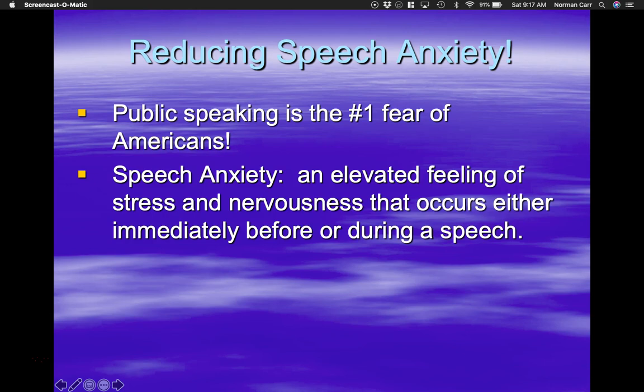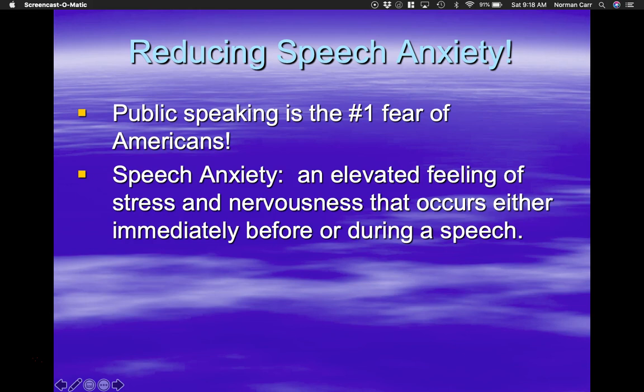So the thing about speeches is that it's the number one fear of Americans. Getting up in front of an audience and presenting is scarier to people than death. I myself agree with it. Every time I get in front of a class, every time I'm about to present something, there's a little anxiety in me.